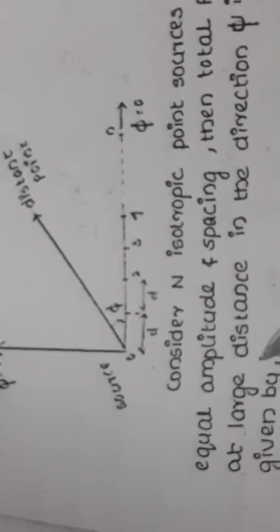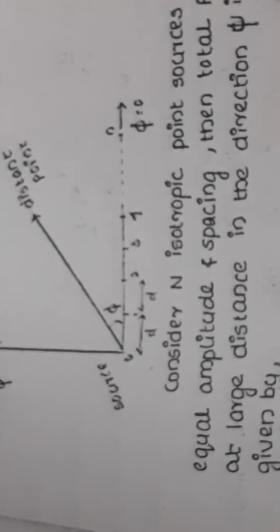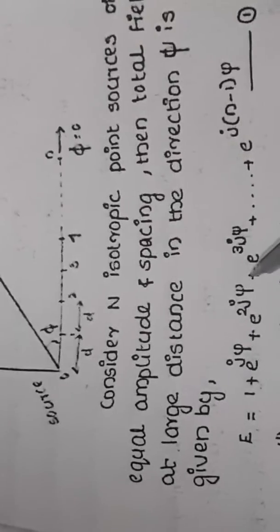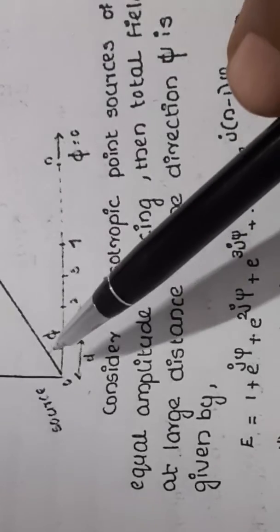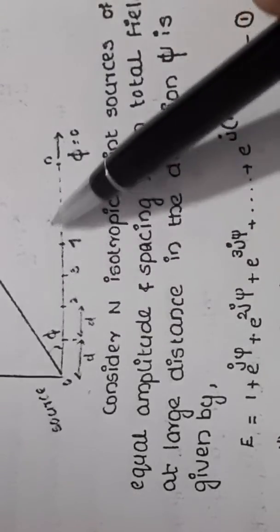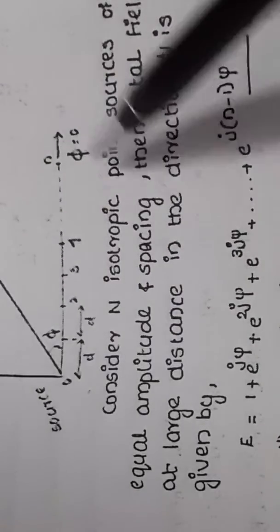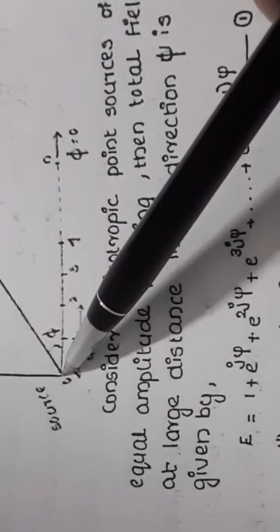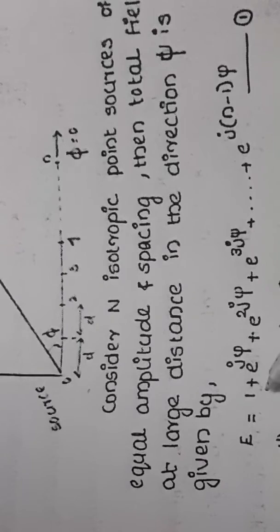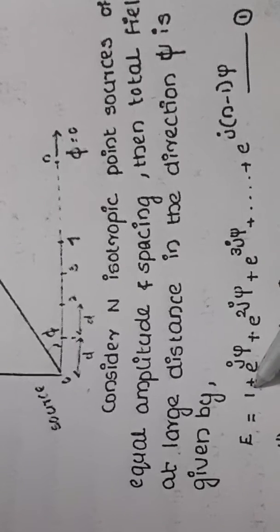Then the total field E at a large distance in the direction psi is given by the sum of all these sources: source 1, source 2, source 3, and so on. At the origin, one source will be there, therefore E naught into e power 0, which is equal to E naught.